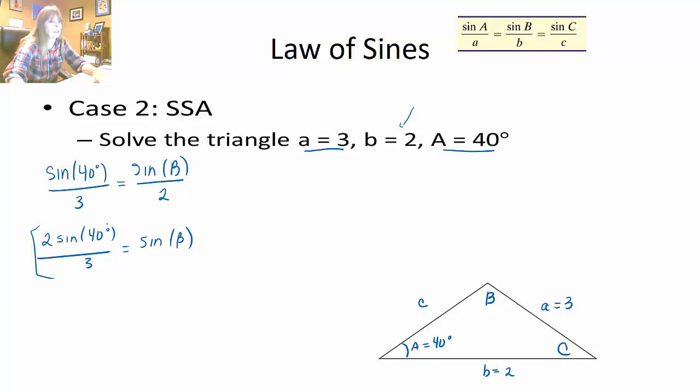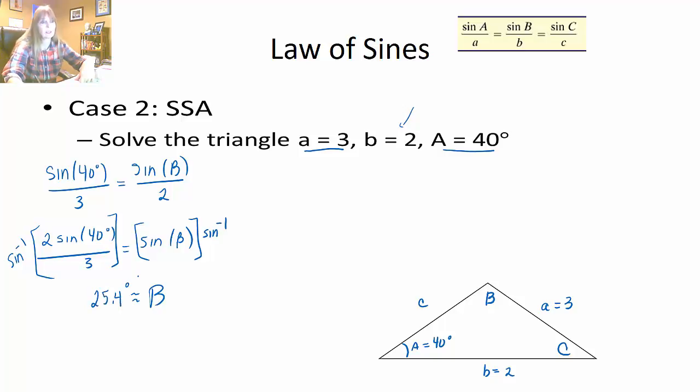You take sine inverse. You should definitely put these numbers in your calculator, because one, I could be wrong, and also to be sure that when you take the test, you remember things like when to be in degree mode. You should get 25.4 degrees.